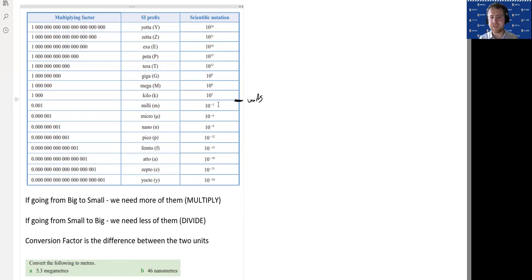So you could have a 10 to the 0 row in here, which is just whatever unit you're measuring. So it could be meters, liters, grams, whatever it is. It depends on the quantity you're trying to measure, but they would sit in between kilo and milli here. So just be careful about this. There's a sort of gap missing in this table.